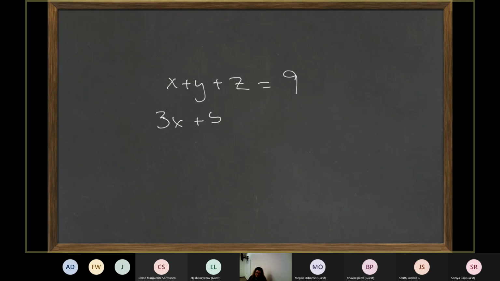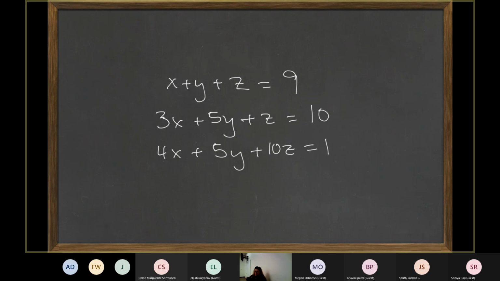Then you need to have three equations in order to figure out what x, y, and z is. The number of variables constitutes how many equations you need.